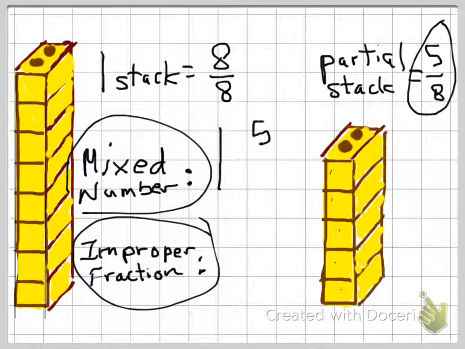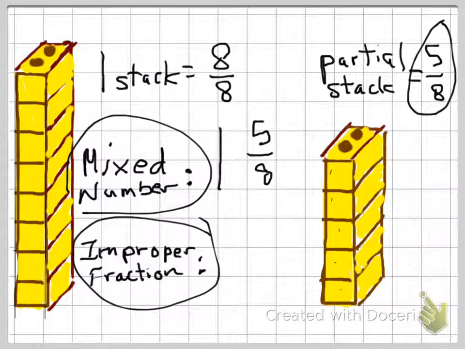Yep. And you have 5/8. So we would just say 1 whole and 5/8, or 1 and 5/8. That's the mixed number. We're mixing wholes with parts. That's its everyday wear. Now if we want to change its costume, we're going to change it into improper fraction form.